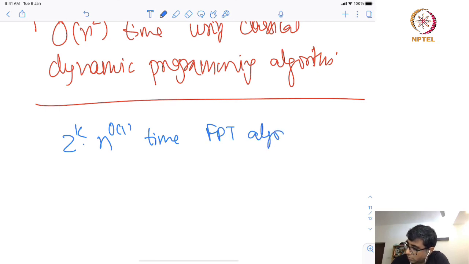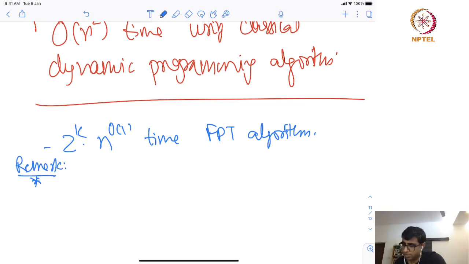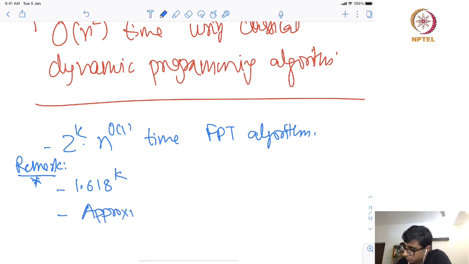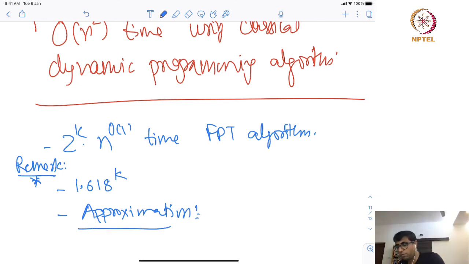Some remark, not very important, but an important one. There is an algorithm faster than 2 power k, with running time about 1.618 to the power k, which was obtained using some very clever trick. For approximation, a simple algorithm is that you take a triangle and delete it, find another triangle, delete it, and that gives you a factor 3 approximation.